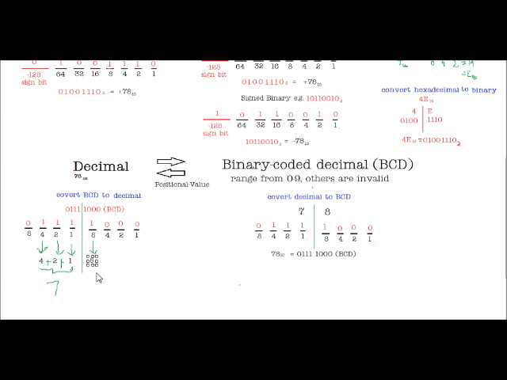Bring it down, and that will give us the number 8 over this side. So we combine them together. This will give us 78 base 10. So this BCD is equal to 78 base 10.